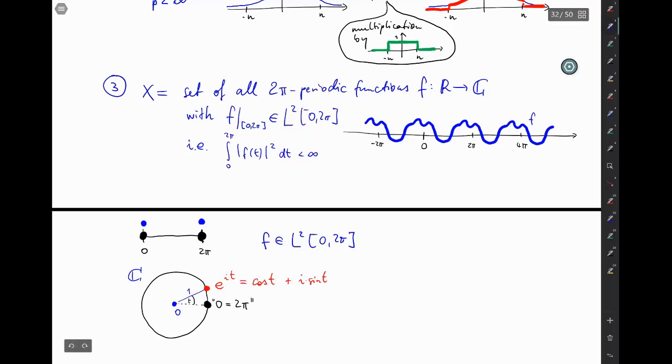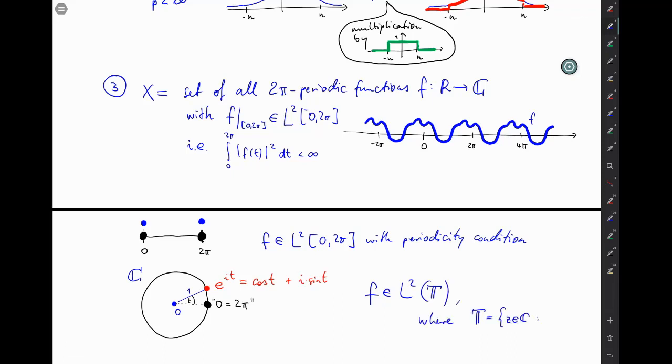Okay, so long story made short, instead of saying that we want an L2 function on the interval with a certain periodicity condition, we will just say that we want f to be an element of L2 of 𝕋, where 𝕋 is the set of all complex numbers z with absolute value equal to 1.